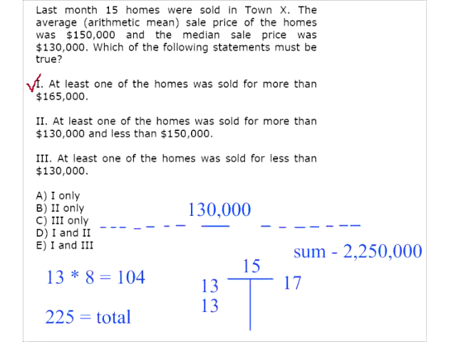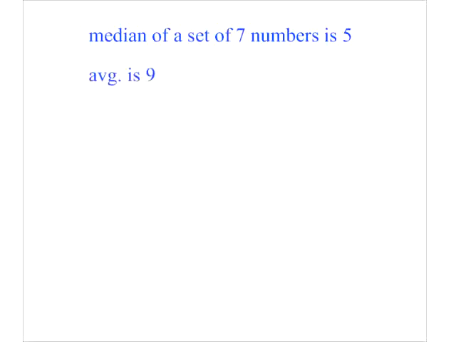balancing principle. Yeah, Maria, let's use a simpler example if we can. So let's say that I said the median of a set of 7 numbers is 5, and the average is 9.